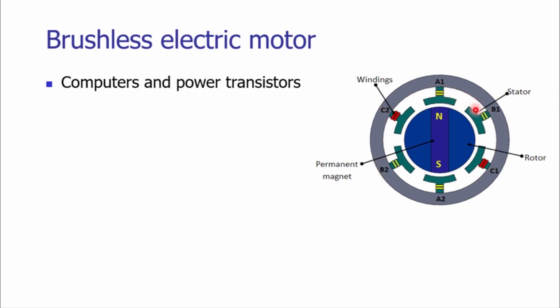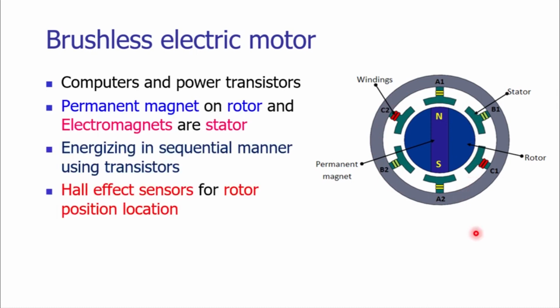Now these are the windings on the stator coils, and we are energizing these windings in a sequential manner. As you can see, the pair A1 A2 will be energized in such a way that A1 would be the south pole. As the current is creating A1 as a south pole, the magnet will get attracted towards the south pole A1 and it will get oriented in the direction shown here.